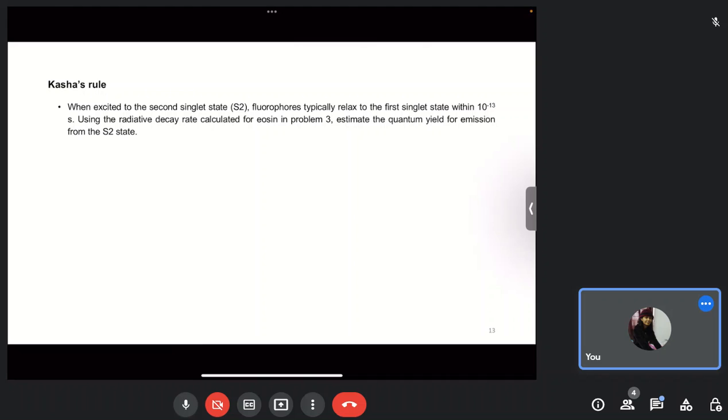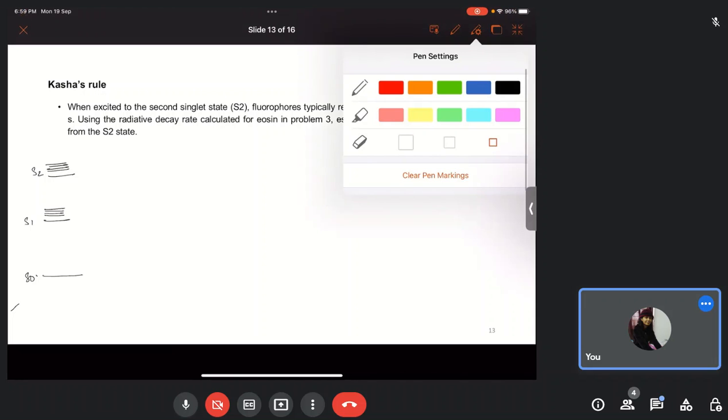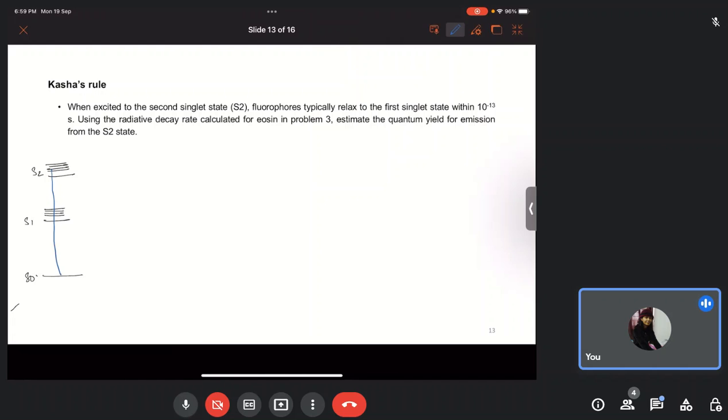So this is your S0, S1, S2, and you have vibrational energy levels here. Consider you excited the molecule from here to here, and there is a non-radiative process which makes it come here.